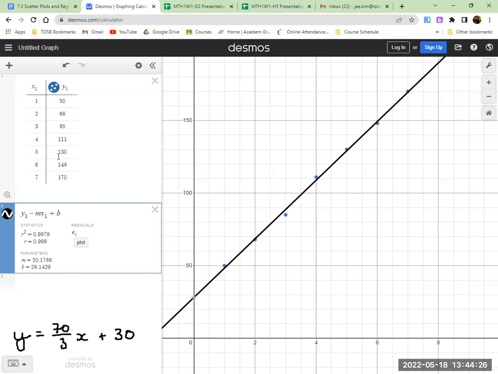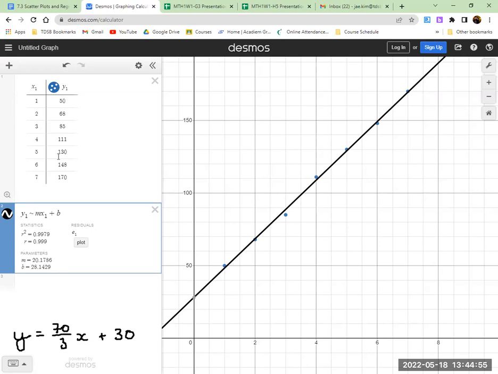So there it is. If you say y1 is approximately slope times x1 plus b, it'll tell you that you have a correlation coefficient of almost 1.